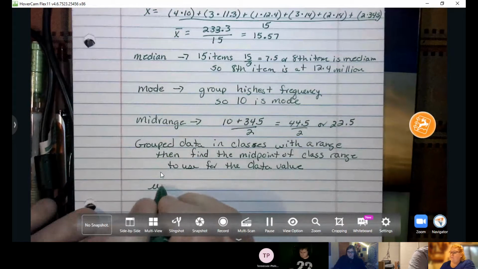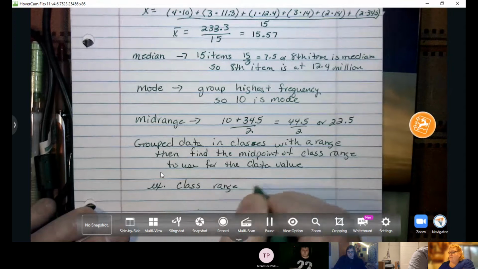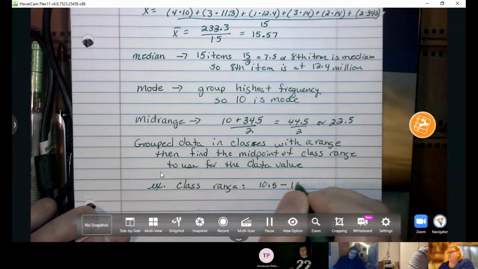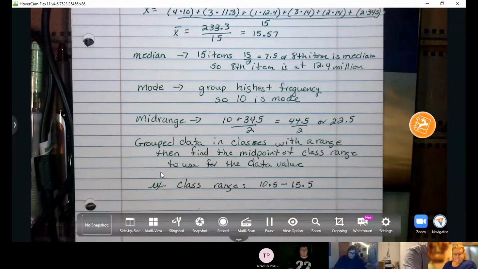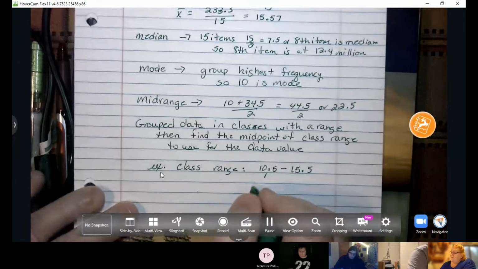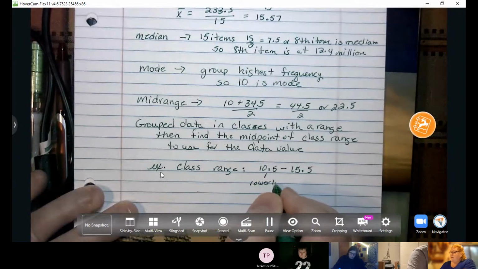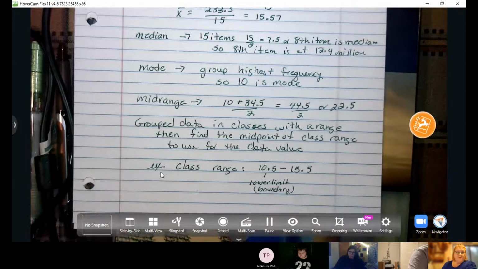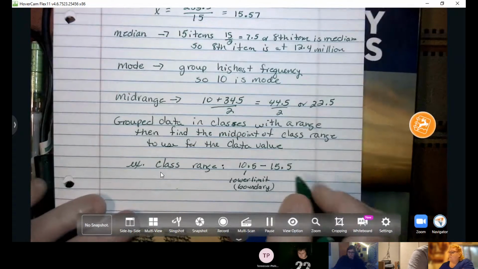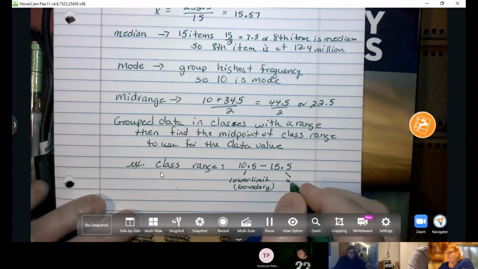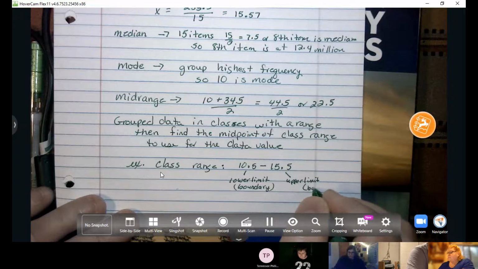So for example, we have a class range from 10.5 to 15.5. The 10.5 is considered the lower limit or the lower boundary. Those are just terms that are covered in that particular unit. The 15.5 is considered the upper limit or boundary.